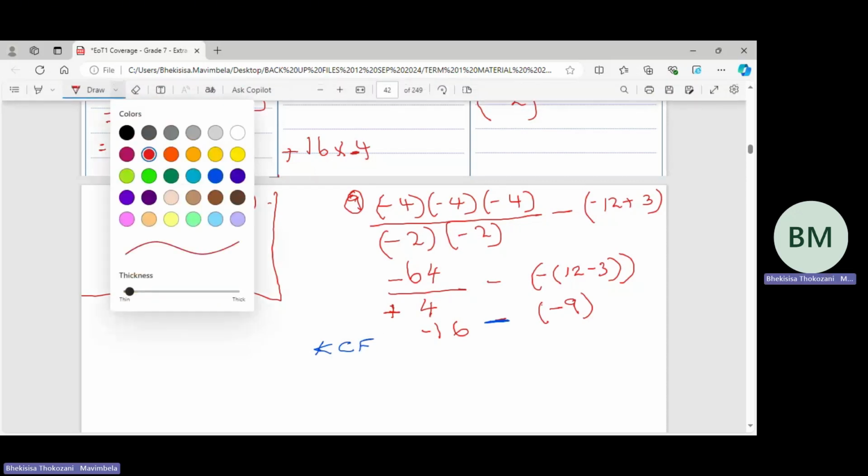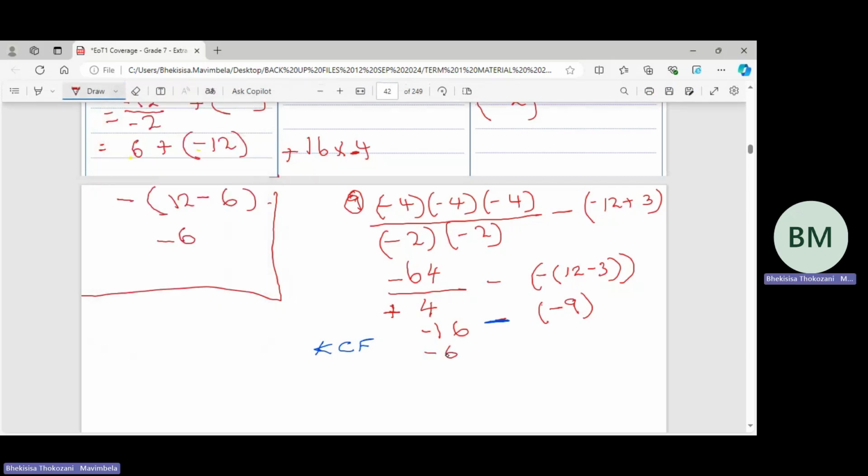So I'm going to keep 16, which is minus 16, and then I will change this negative to be positive. Then I will flip minus 9. When I say flip, it means I need the opposite or inverse, so this is no longer minus, it now will be plus.